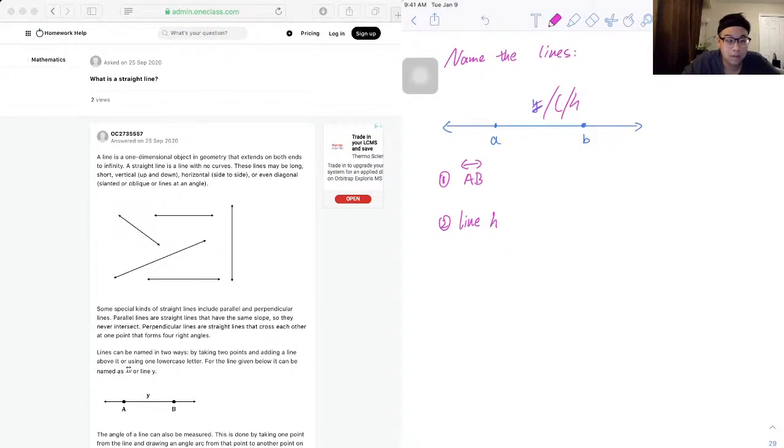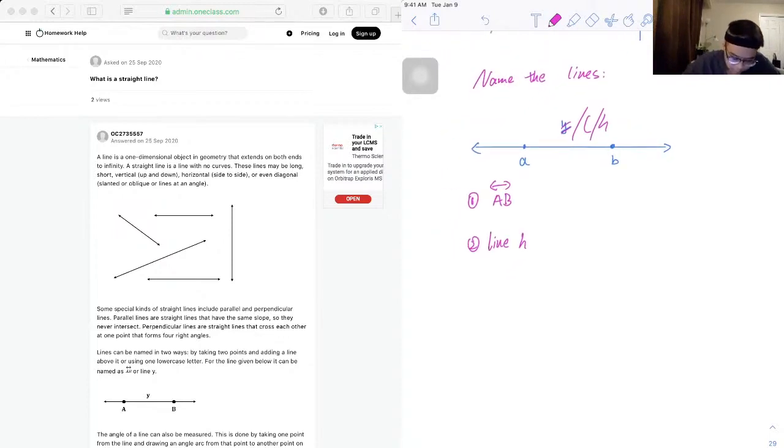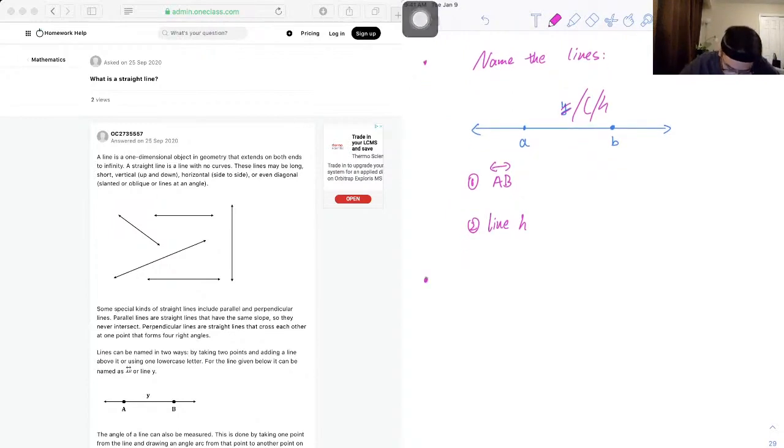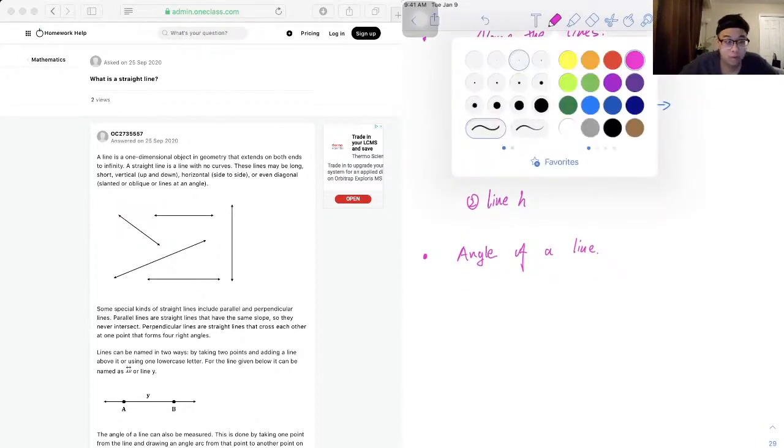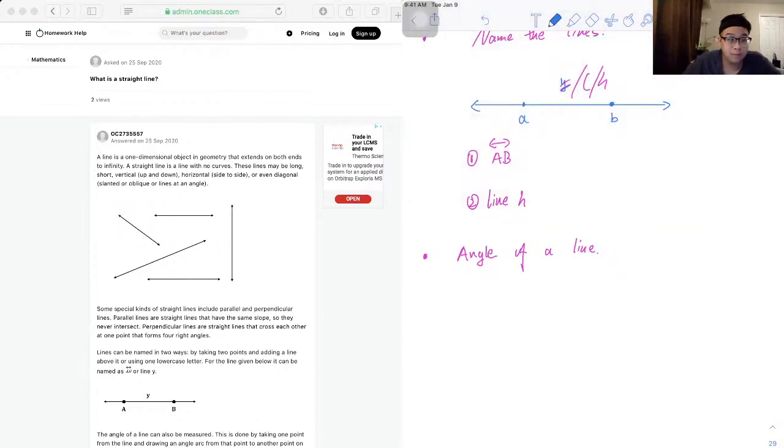And the last point is in terms of the angle of a line. The angle of a line can be measured, and this is done by taking 1 point from the line and drawing an angle arc from the point to another point on the line.